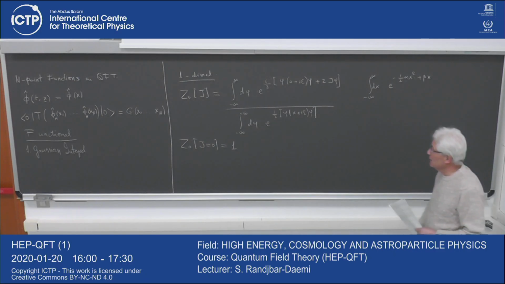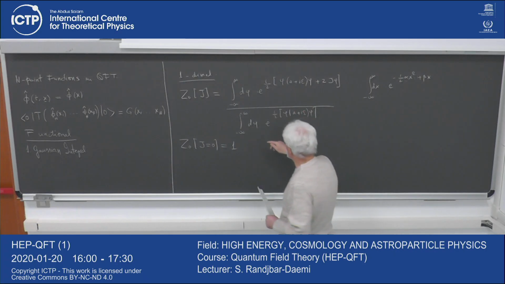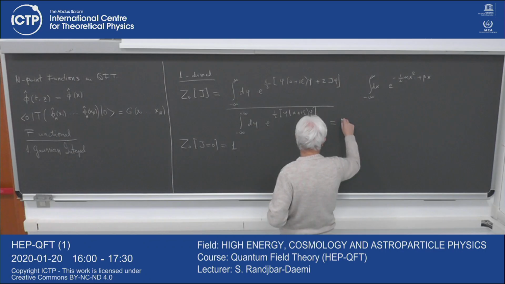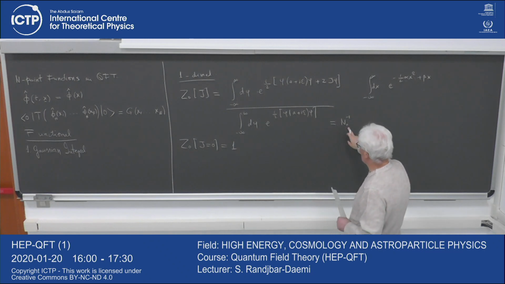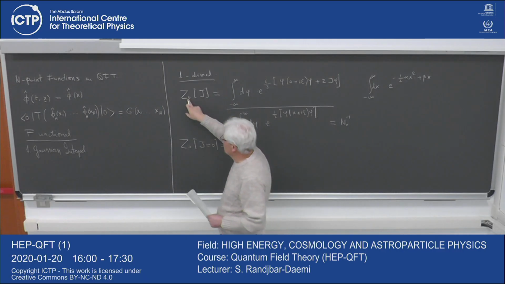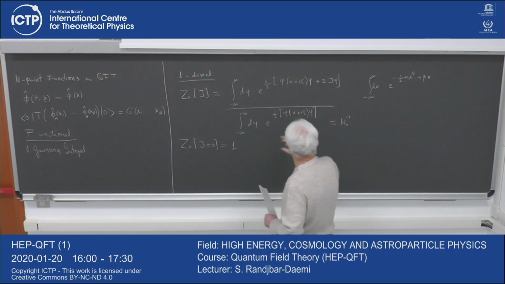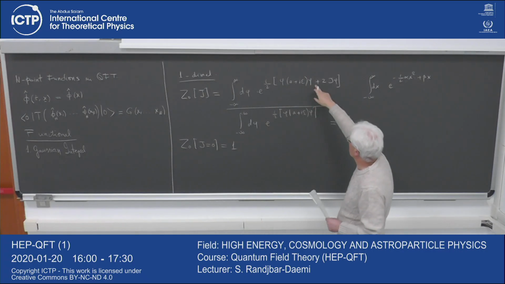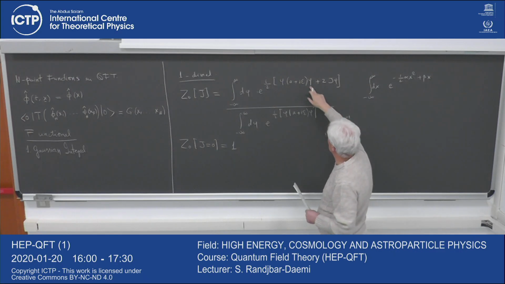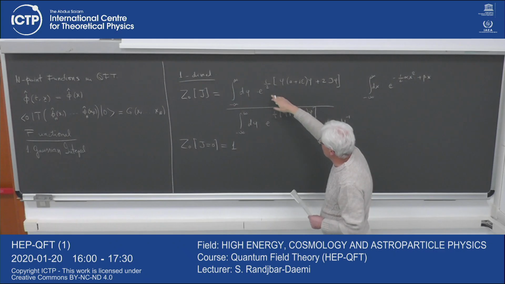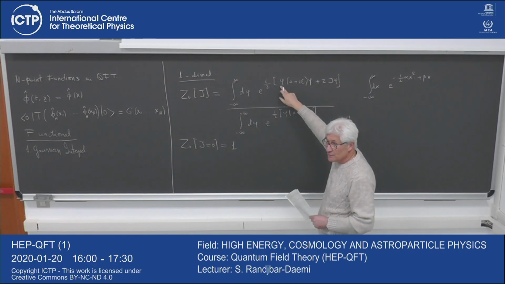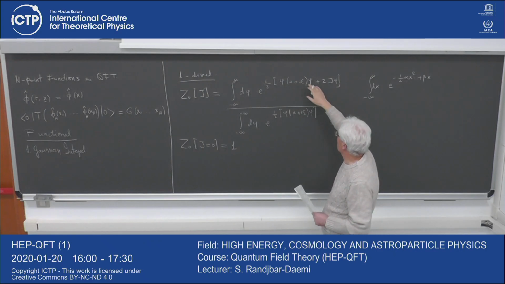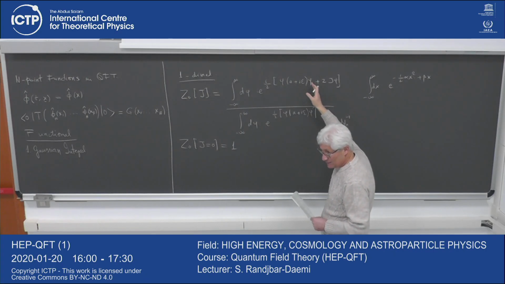Okay. Now, in order to shorten this, this thing is going to be called N minus 1, and then I'll put a subscript 0. The subscript 0 here and here has been inserted because later on we will consider integrals in which the exponent is not a quadratic form like this. The exponent in the integrand, you see, is second order in phi. There's a first order term and a second order term. But the interesting cases will correspond, of course, to the case where you will have phi cubed, phi to the 4, phi to the n, phi to the 25, whatever.